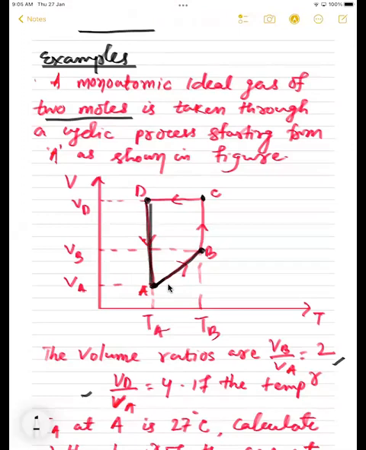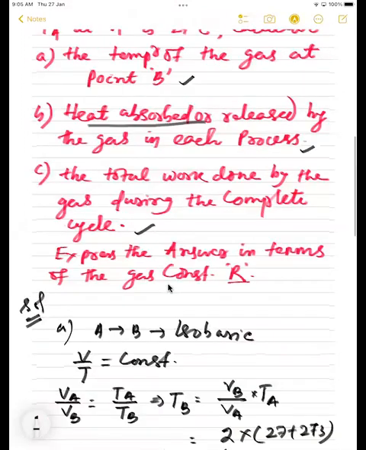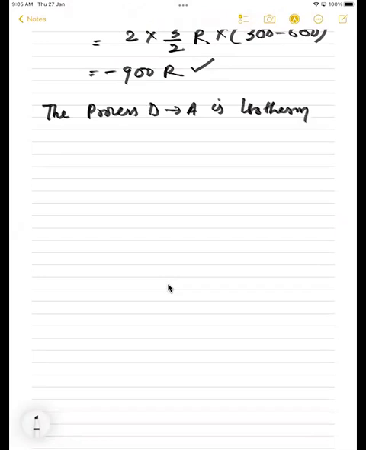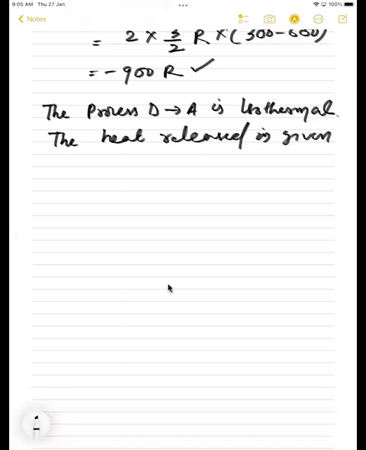Then D to A, students, see the line D to A. Temperature is constant, so this is again isothermal. The process D to A is isothermal, and the heat released is given by Q4 equal to nR TA log base e of VA by VD.